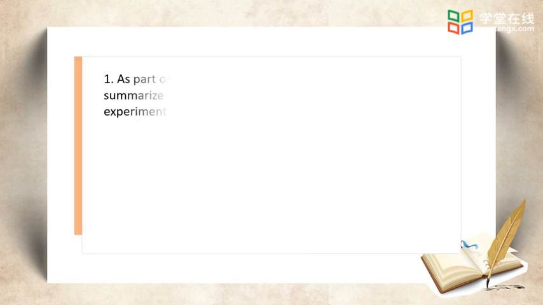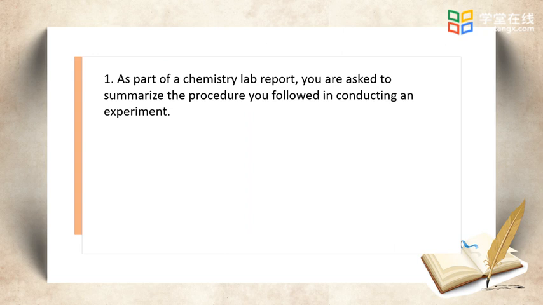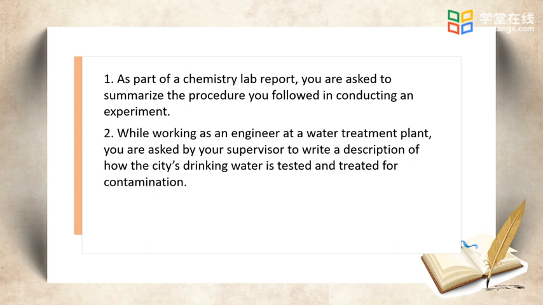For example, as part of a chemistry lab report, you are asked to summarize the procedure you followed in conducting an experiment. Or, while working as an engineer at a water treatment plant, you are asked by your supervisor to write a description of how the city's drinking water is tested and treated for contamination.